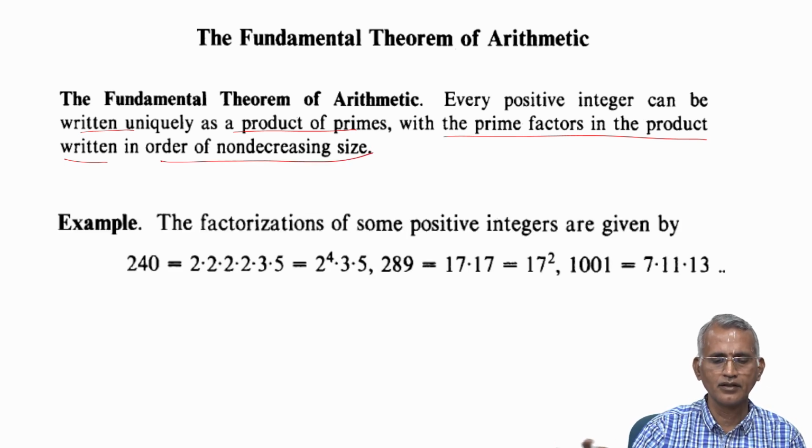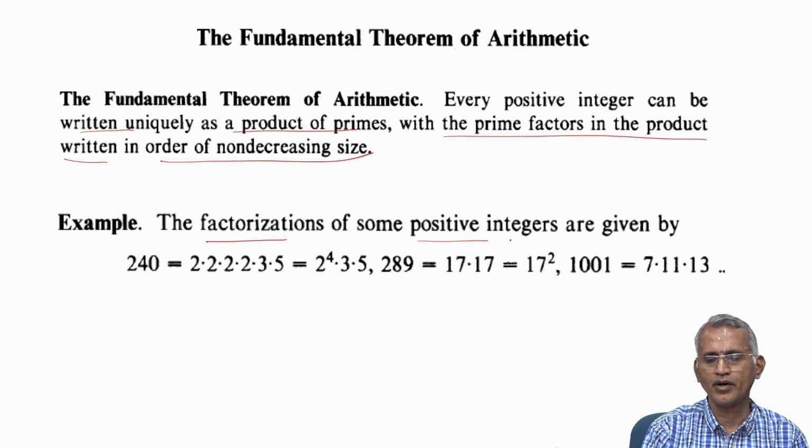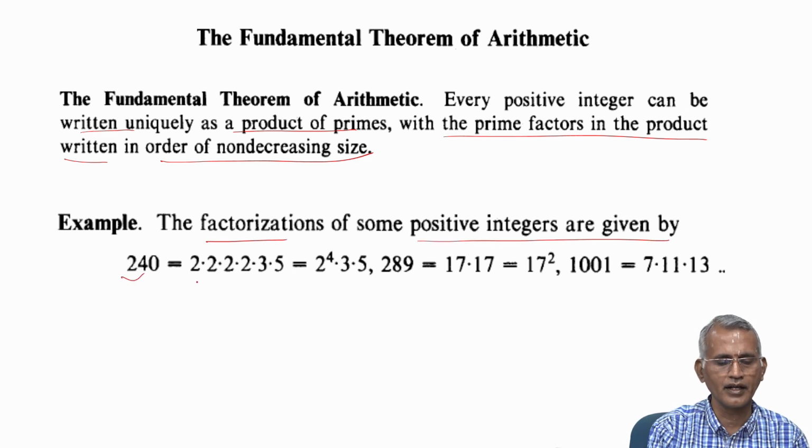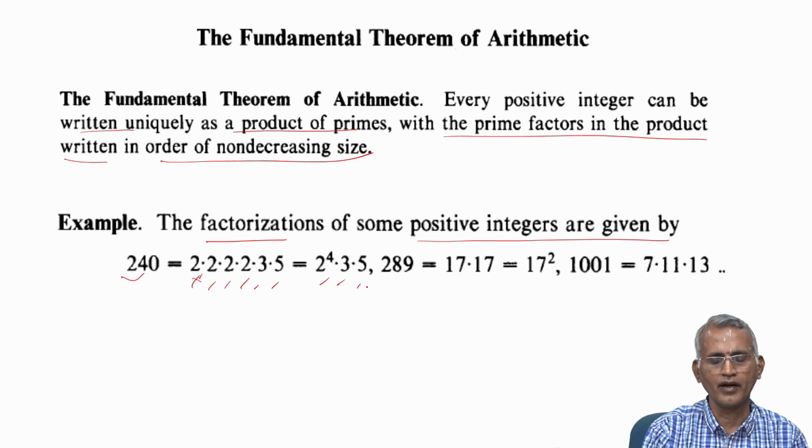For example, 240 can be written as 2 into 2 into 2 into 2 into 3 into 5. So we have 2 power 4 into 3 into 5. This way we can write 240 like this.